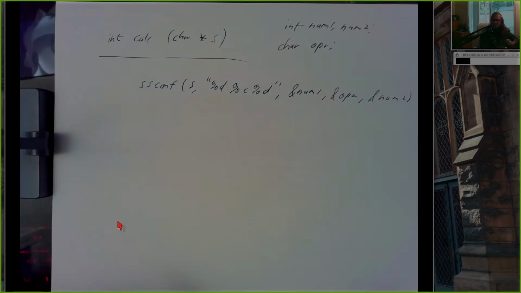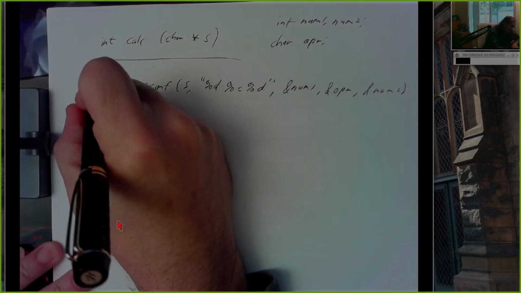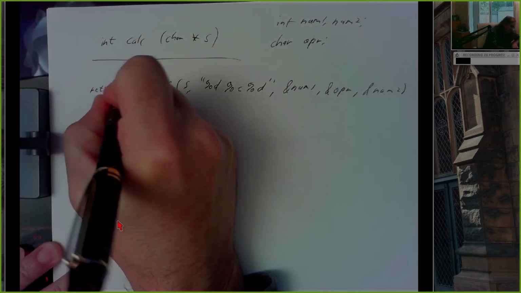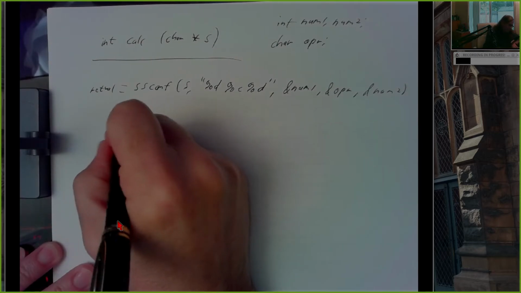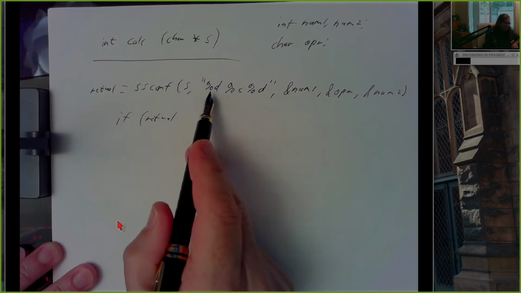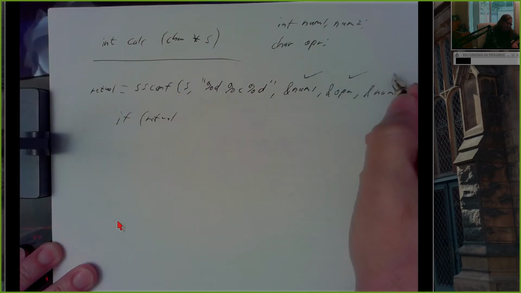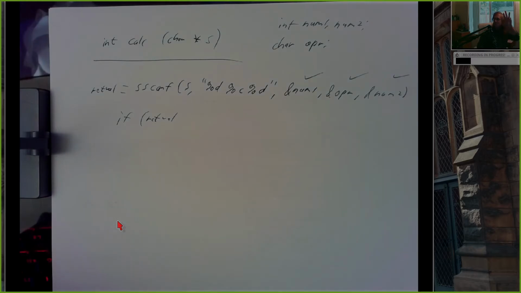But how do you know if this actually found an integer, a character, and an integer? You got to check the return value. And if it matches an integer, a character, and an integer, it will load values into here, here, and here, total of 3 values.